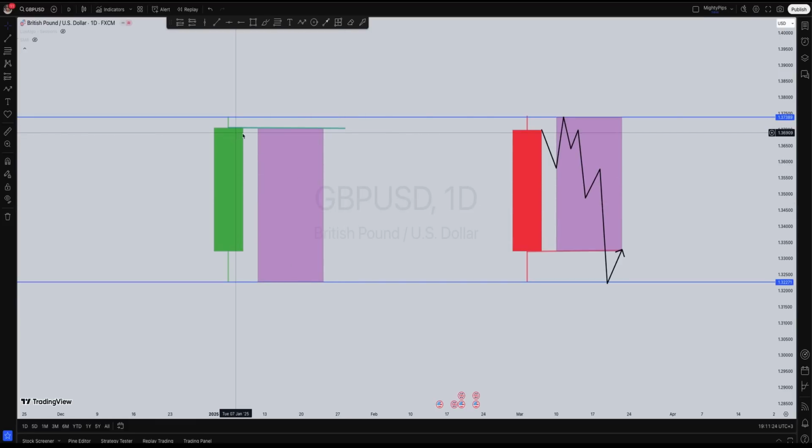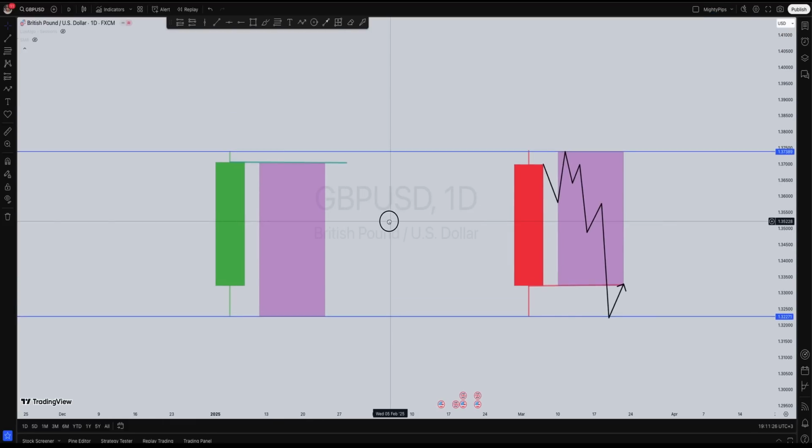So to trade this, you are looking at the momentum of the previous day's candle to continue bullish. You're looking at a bullish continuation. So what you want to wait for is the next day, for the market to come back below yesterday's close, which is the area within this purple zone.